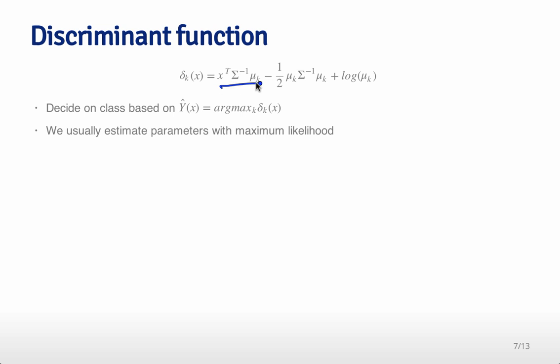And then this is the linear term in X, the predictors that we have, and our covariance matrix and the mean. So basically what we do is we plug our new data value into this function, and we pick the value of K that produces the largest value of this particular discriminant function, and that's how we decide on the class.